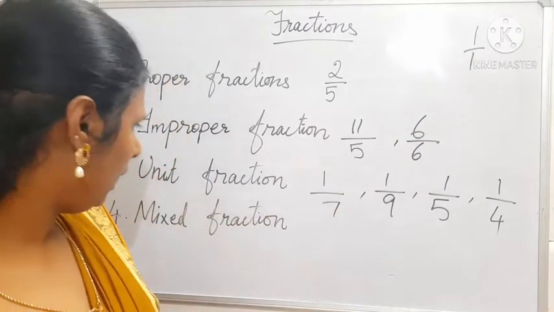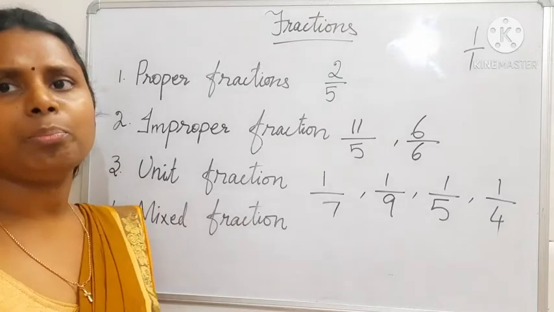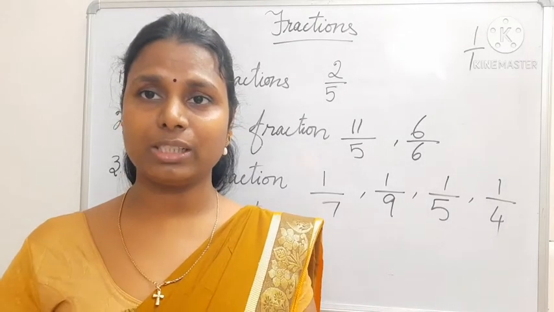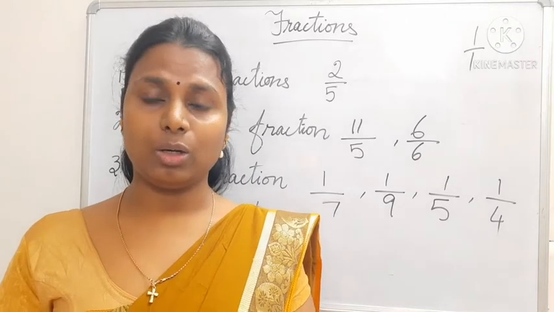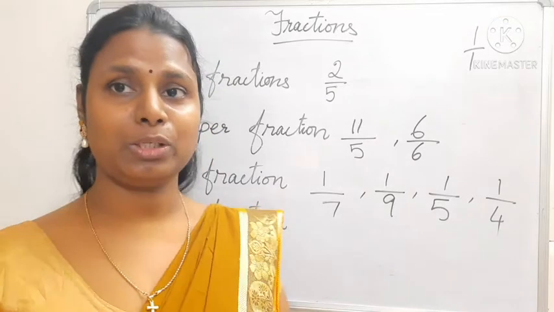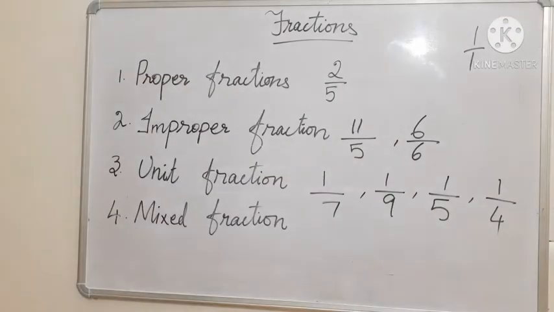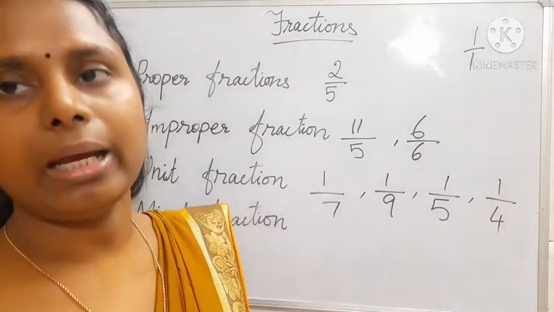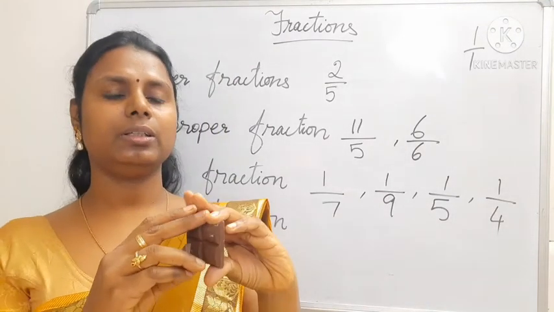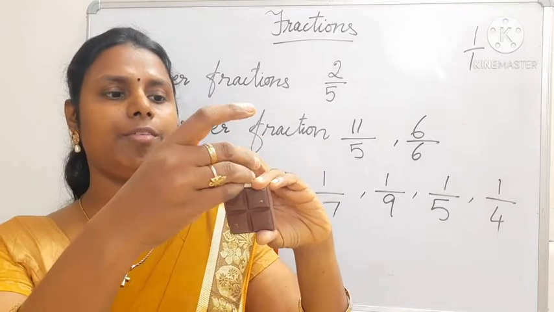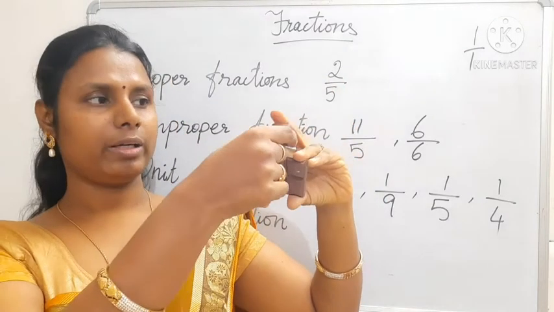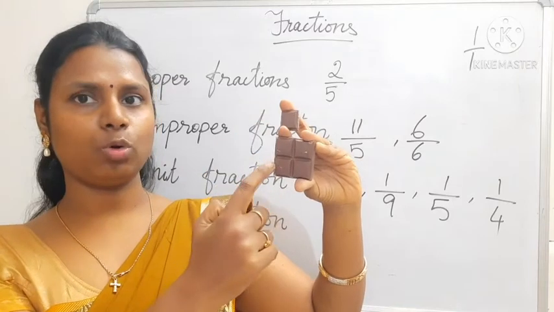Okay, now let us go to the mixed fraction. Fraction we know which has numerator and denominator. Now what is mixed fraction? So for this, let me explain to you something. Now, I have chocolate in my hand. Now see here, I have 5 pieces of chocolate. 1, 2, 3, 4, 5.